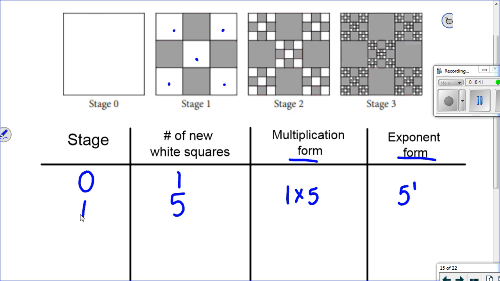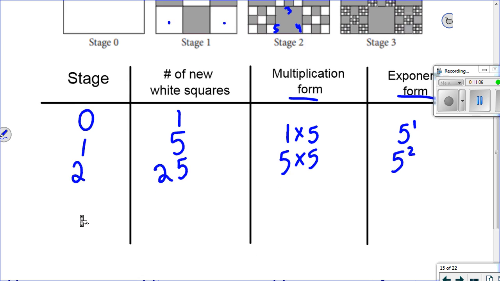Let's go to stage 2. So now I have 5 times 5. So that's going to be like we said, 5 times 5, or 5 squared. Right? Again, I'll get back to that first one in a minute.